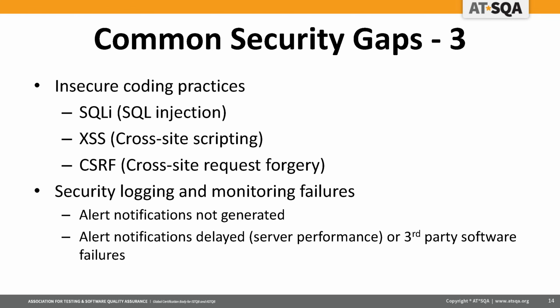Final two items for cloud system security gaps include insecure coding practices, SQL injection, XSS, cross-site scripting, CSRF, cross-site request forgery, and improper handling of connections and API data transfers. And the last item being security logging and monitoring failures. Alert notifications not generating, or alert notifications delayed, or third-party system failures cause non-delivery.